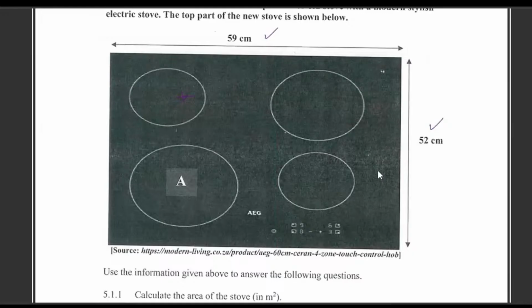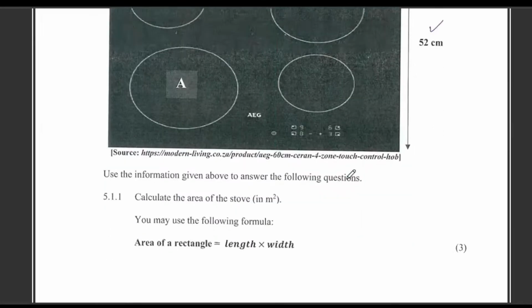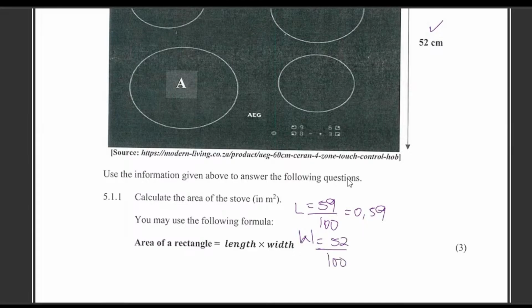We are going to change the 59 centimeters, so our length will be 59 divided by 100, whereas our width or breadth will be 52 divided by 100. All I need is this to be in meters, because the answer is needed in meters. So it's good to go for me. I just come and substitute.